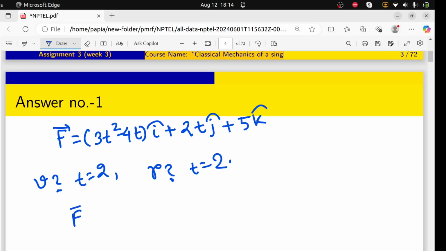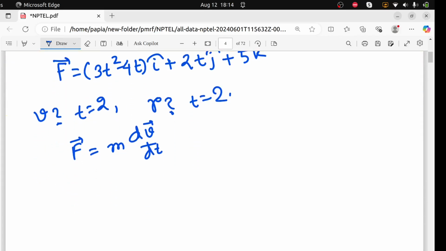So we know F equals m dv/dt. That I know. Now I can write dv/dt equals F by m.